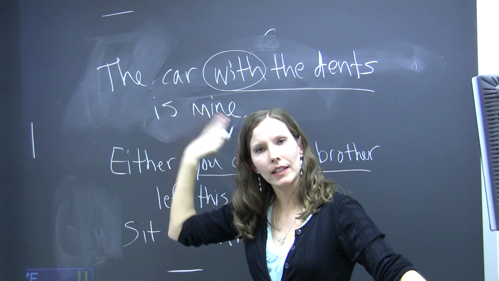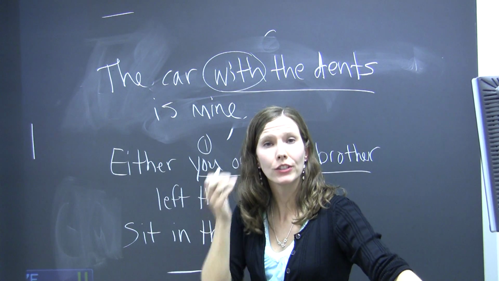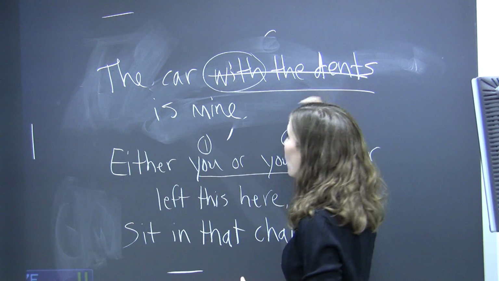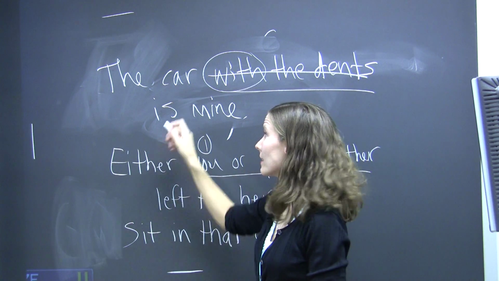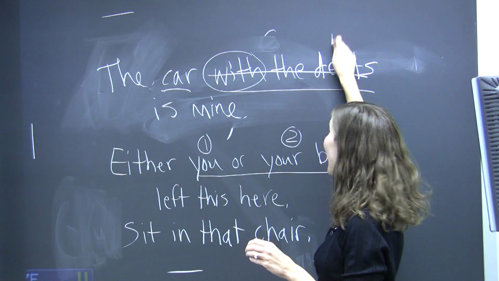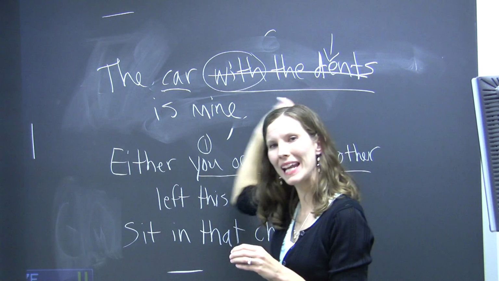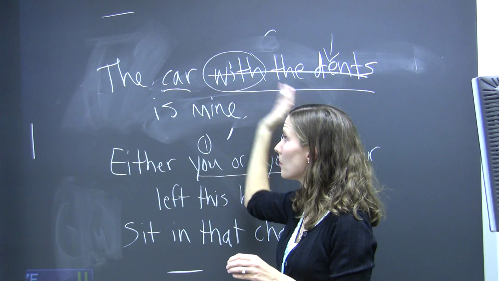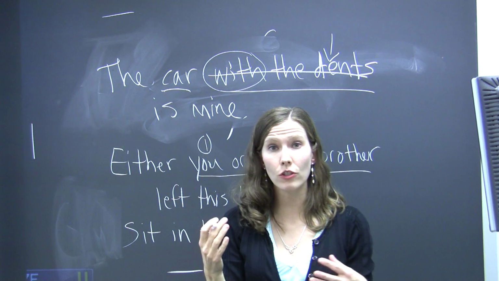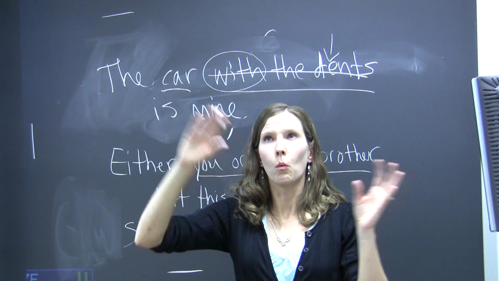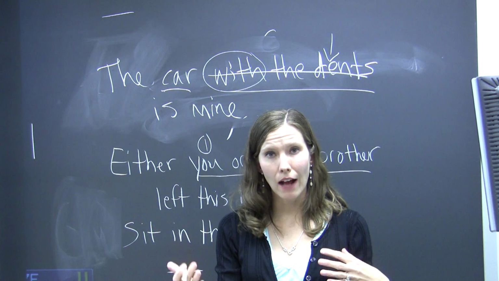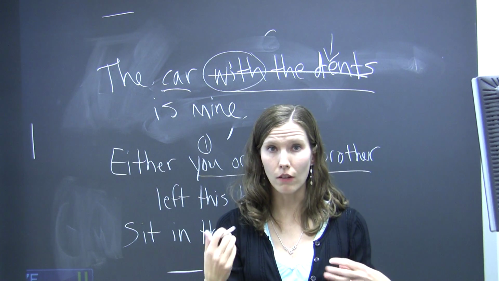This cannot be the subject of the sentence, so if I'm trying to find the subject, I want to cross that phrase out, which means the actual subject of this sentence is car. Car is the subject of this sentence, not dents, because even though that's a noun, it's not part of the subject because it's in that prepositional phrase. Again, prepositions are words that show where something is located in space or in relation to another thing: before, after, under, above, of, etc.